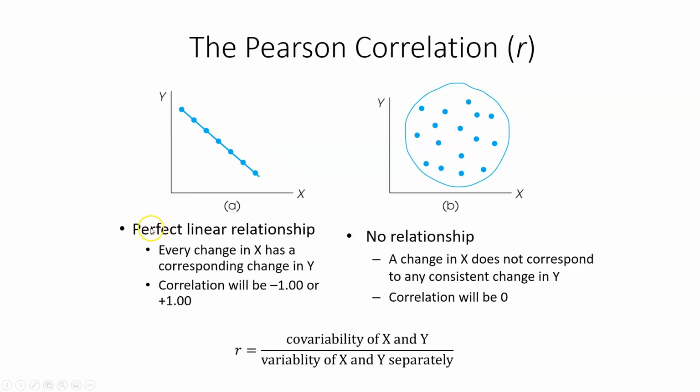The R correlation can range from -1 to +1, like I said, and if it lands at either -1 or +1, that indicates a perfect correlation, a perfect linear relationship. So as you see, every dot on this graph falls exactly on the same line.